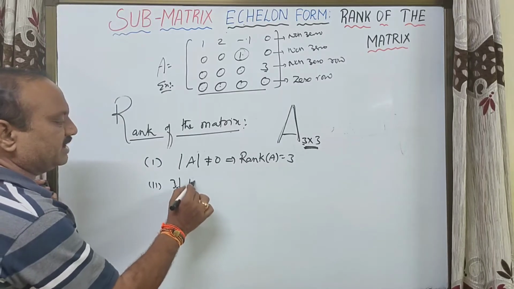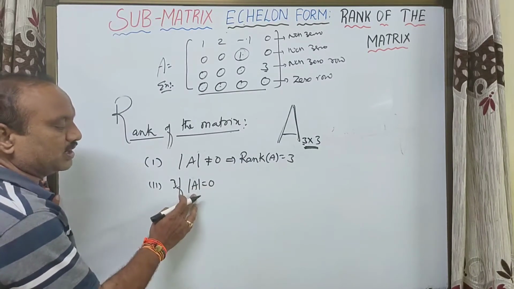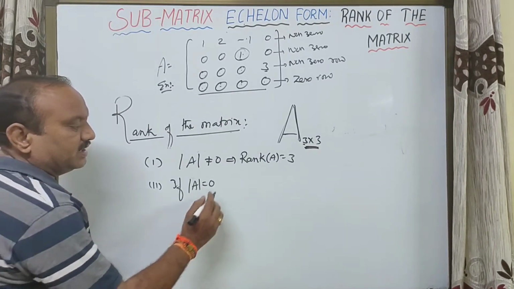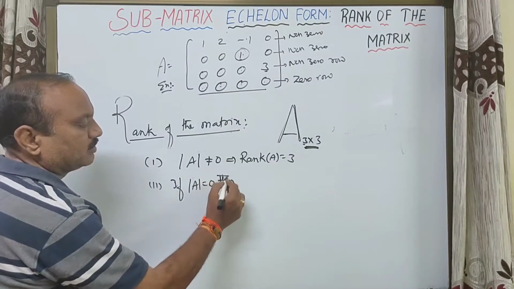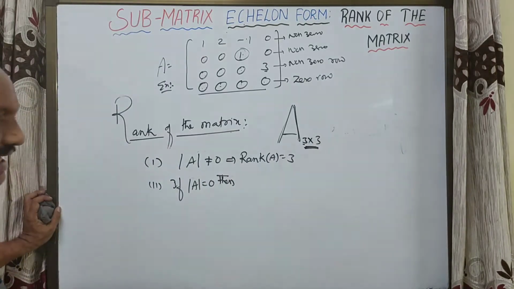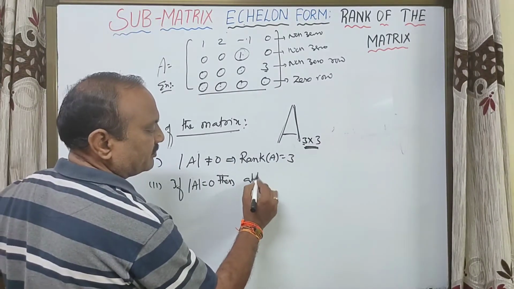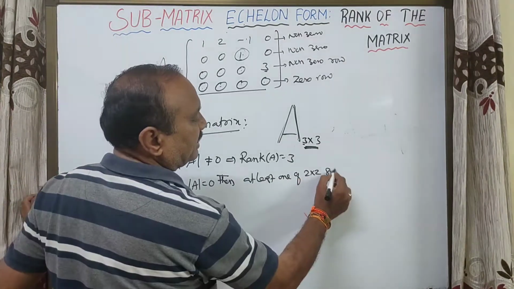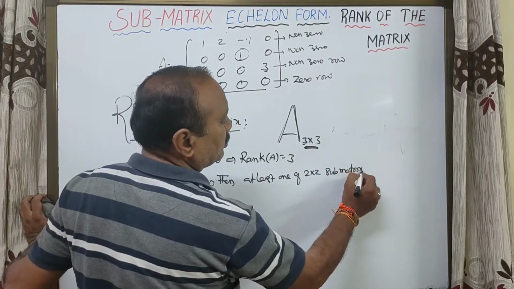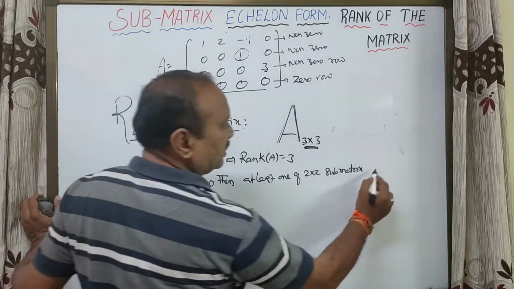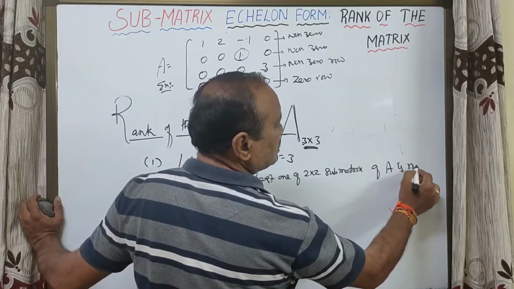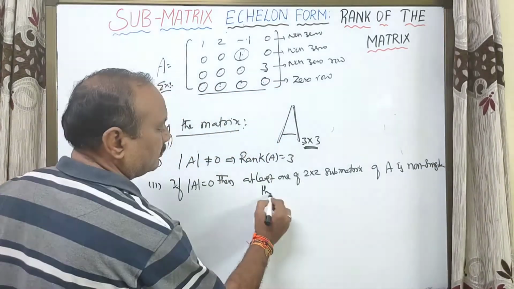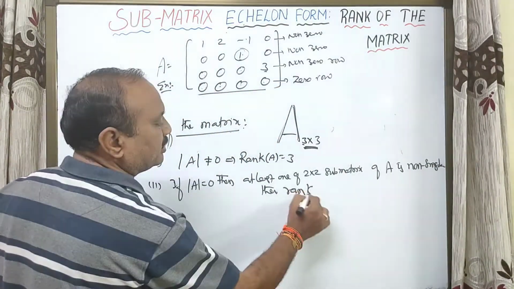If det A equals 0, singular, then if at least one of the 2 by 2 submatrices of A is non-singular, then rank of A equals 2.